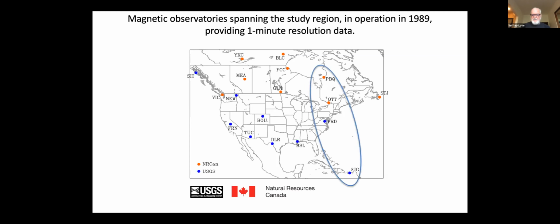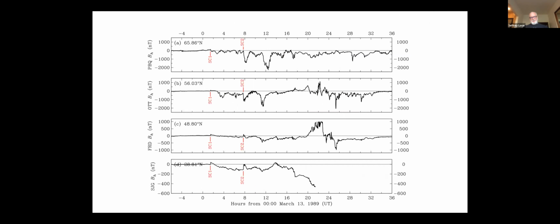So just concentrate for a second on these 4 stations, 2 in Canada and 2 in the United States. I circled them there to highlight that they're kind of along a line of longitude, at similar latitudes. And this is what the data look like from those 4 stations for March 1989.